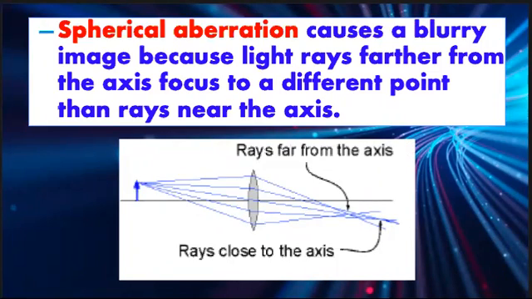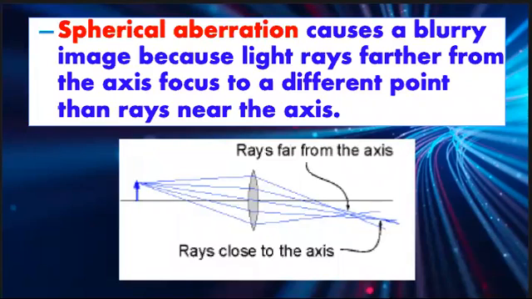This causes a blurry image, because light rays farther from the axis focus to a different point than rays near the axis. This is very common in cameras if you don't move the lens properly.